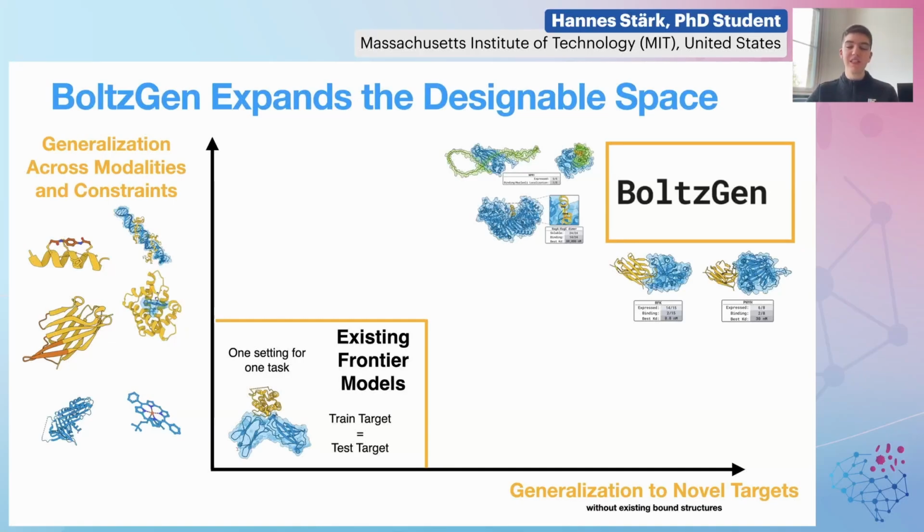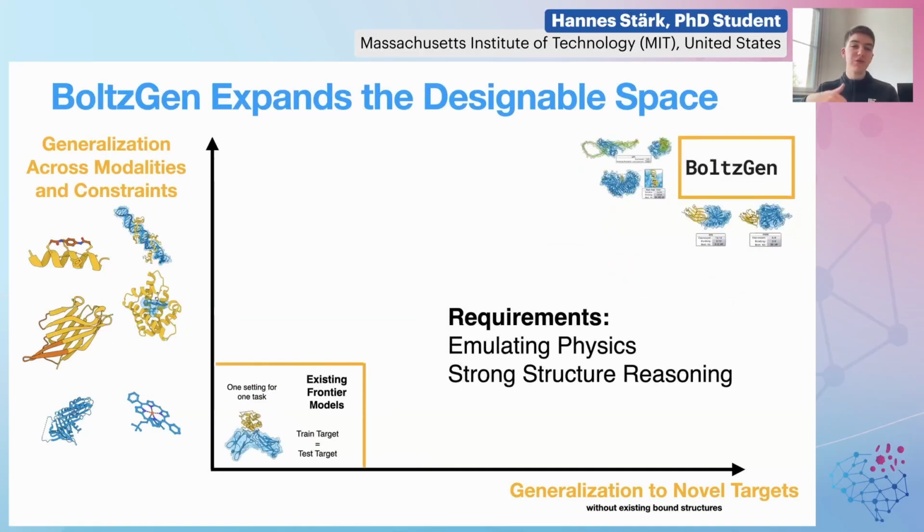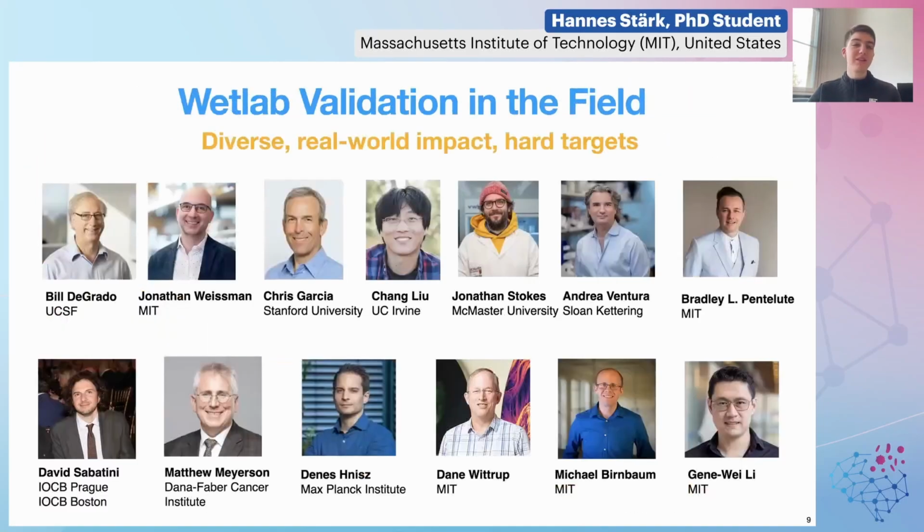What we think is necessary toward that goal is, one, to get closer toward emulating physics, and two, to have a model that is strong at reasoning about structure. Before I lay out the model that we developed toward those goals, I want to say that to test whether we achieve these generalizations along these two axes, we have to bring our designs, the outputs of these models, the binders, into physical reality and test them in the wet lab.